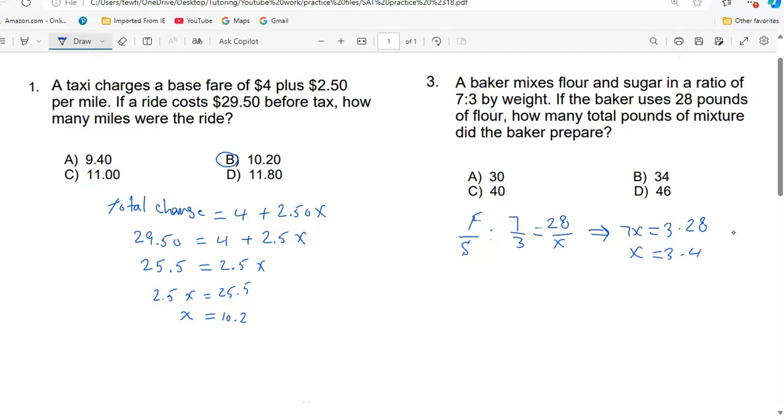If you divide this by 7, and divide here by 7, you get 4, so 3 times 4 is 12. So he's going to use 12 pounds of sugar. The total equals the flour plus the sugar, which is 28 plus 12. So the total should be equal to 40 pounds, which is choice C.